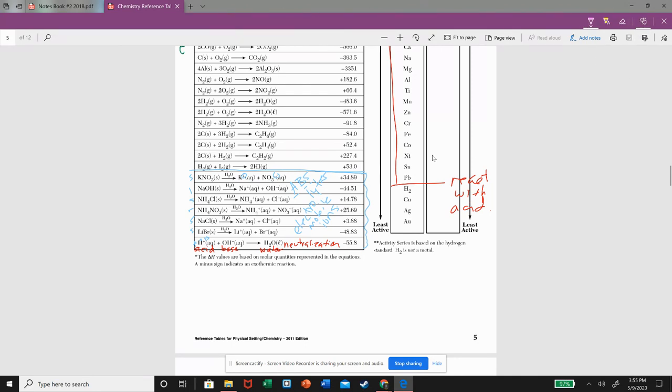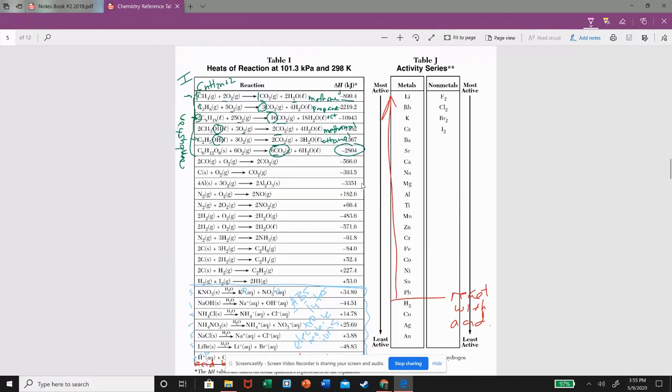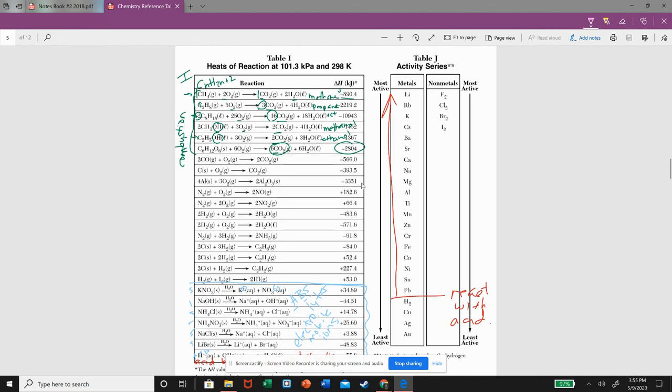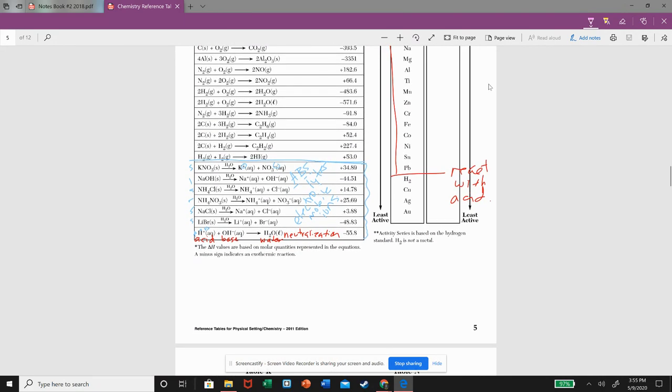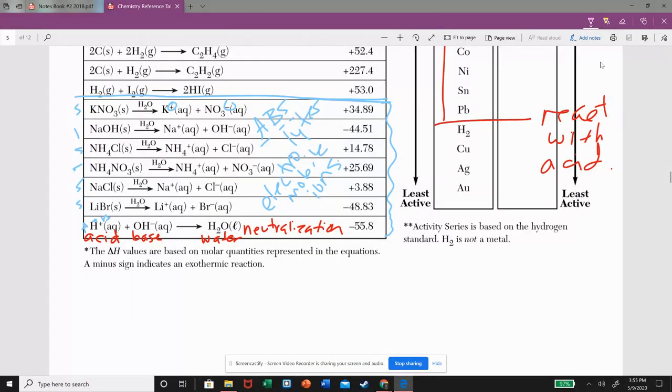Right now I have your reference tables open, and this is reference table I and J. So let's talk a little about what acids and bases have to do with reference tables I and J. On reference table I, at the bottom, we have our acid and base neutralization reaction, where the H plus is the acid.